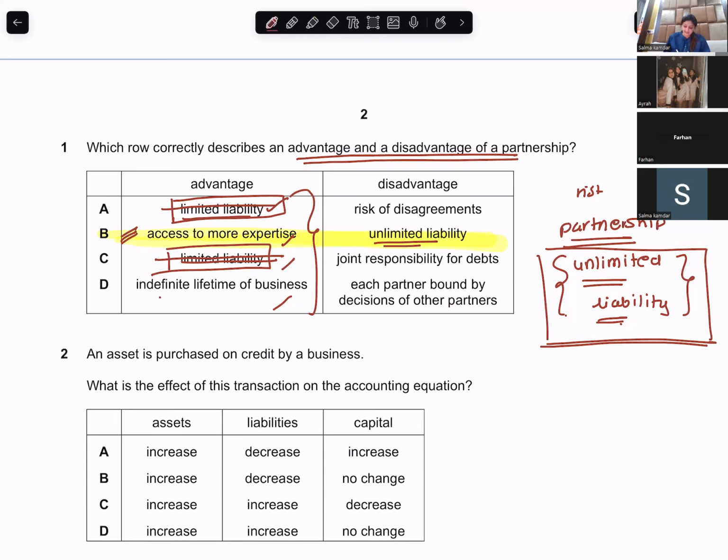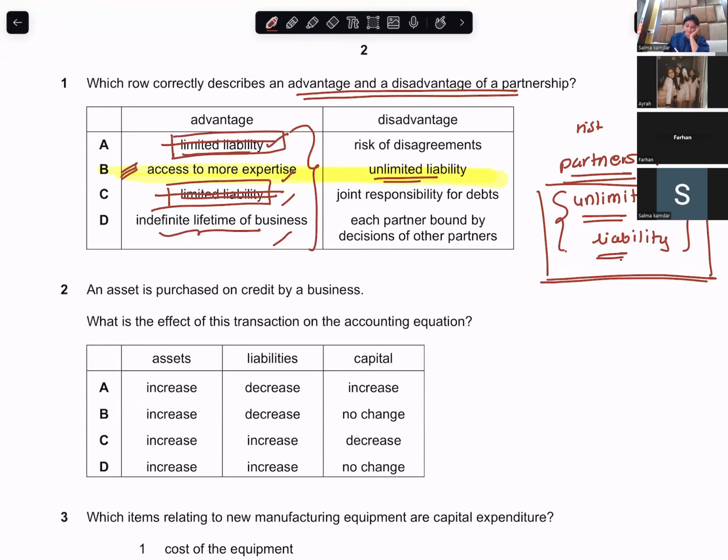Indefinite lifetime of business. What does this mean? Indefinite lifetime means you don't know the lifetime of the business. Ira? It means that you don't know how long the business is going to last. So that means it is a going concern. Is it an advantage?